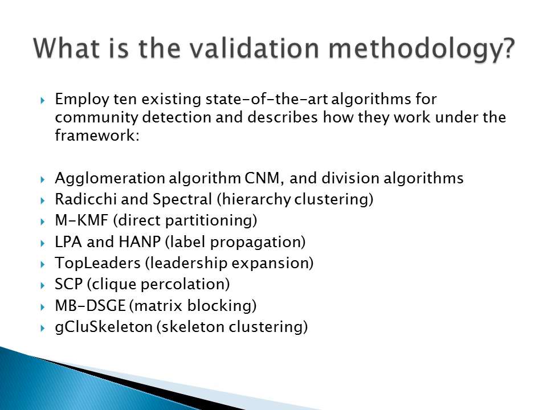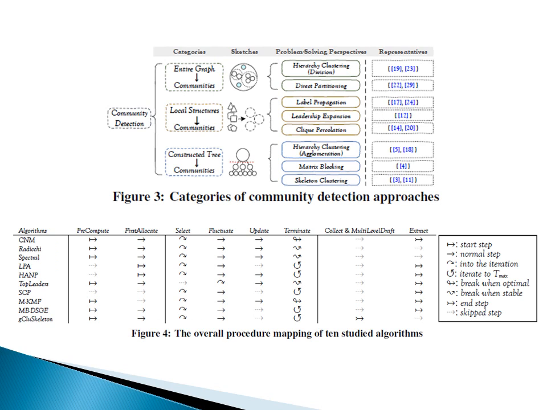To the right, you'll see in parentheses some text which signifies what category they're in. In order to first determine what category they're in, the authors first reviewed existing methods of detecting communities, and from those existing methods, they derived different categories.